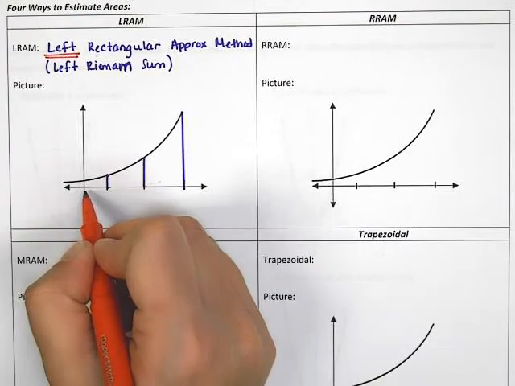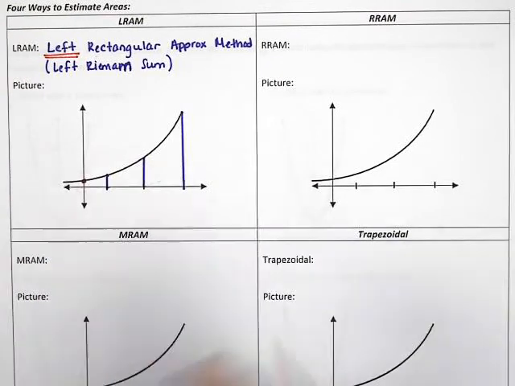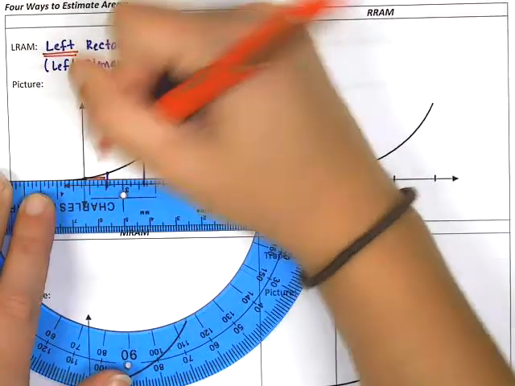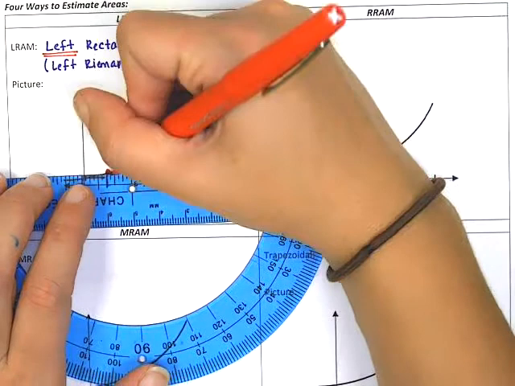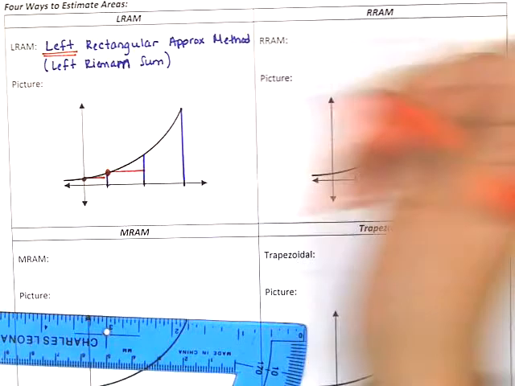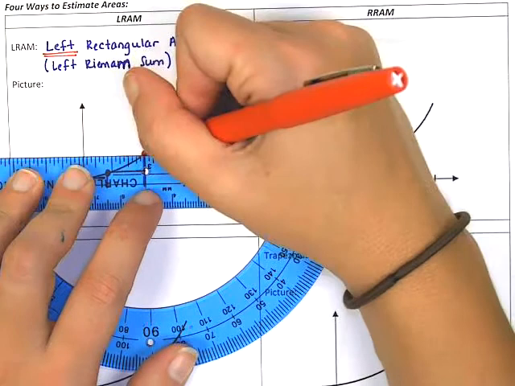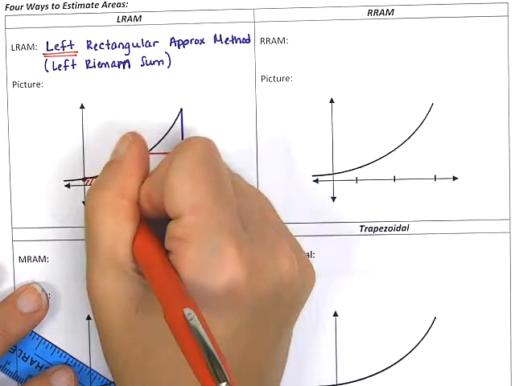So the first section goes from 0 to 1. The left side of that would be at 0. So I would make this the height of that rectangle. Then the next section goes from 1 to 2. So I would make the left side the height of the rectangle. And the last section goes from 2 to 3, so I would make the left side the height of the rectangle.